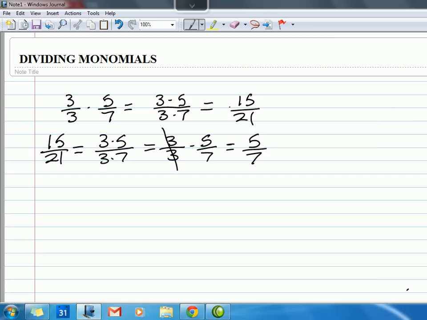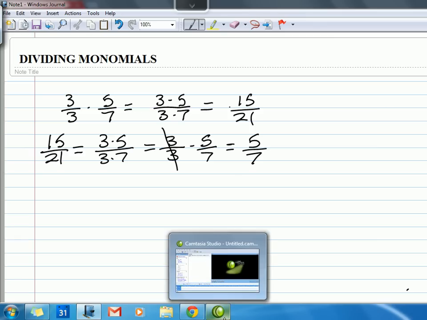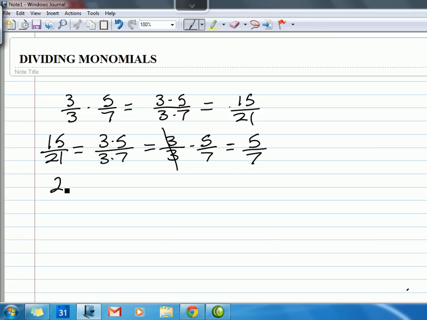So let's go through another one of these just so you guys can really see it. If in fact I'm reducing, say, 24 over 36, I can go through the same process.